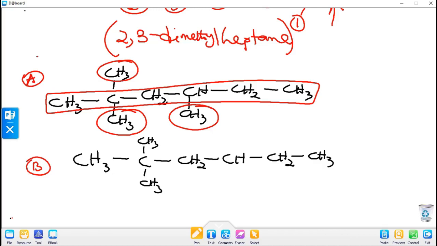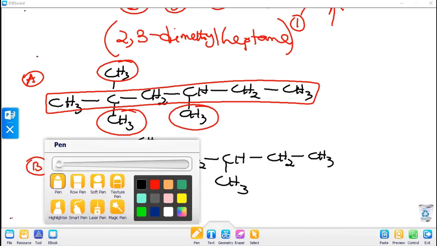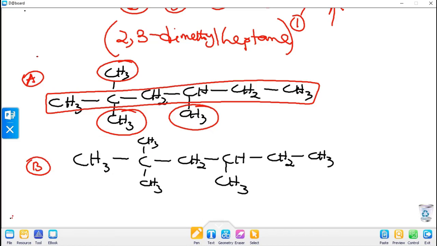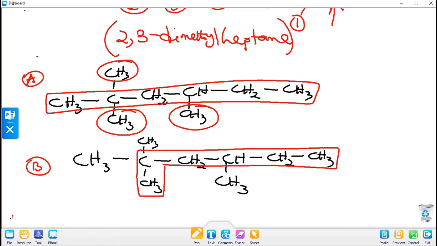How can this next student choose to go? The next student may choose to go this way. This is CH3. So, the next student may choose to go this way. So, we have it this way.